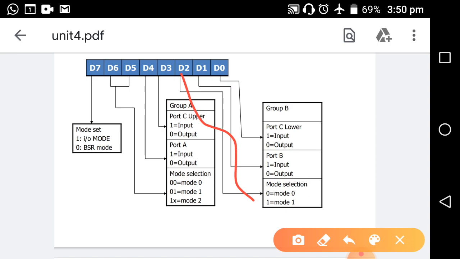If the D2 bit is 0, then group B works in mode 0. If the D2 bit is 1, then group B works in mode 1.